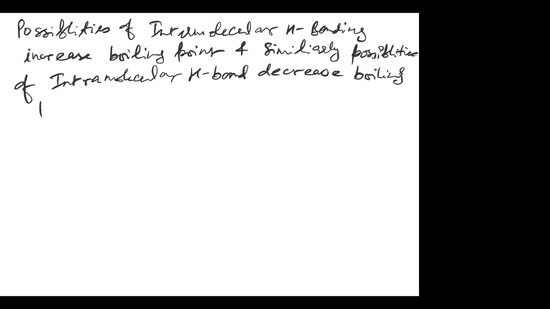Whatever we have expected boiling point, its boiling point will be less than that of expected boiling point. For example, boiling point of para-nitrophenol.